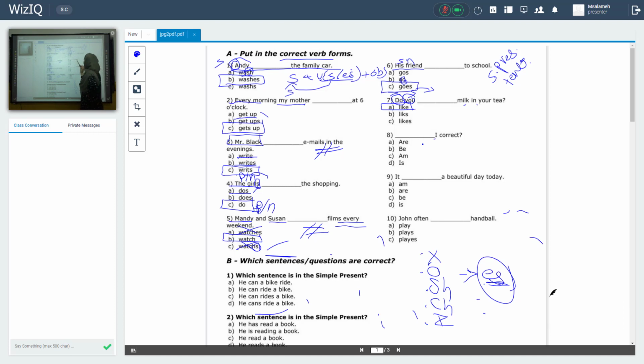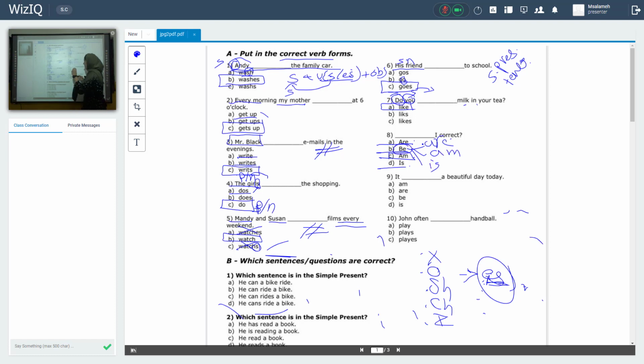I am correct. Okay? Are, be, am or is. Which one is correct? Here I will choose am, because be is a root for these verbs. And in the present tense the be verb we divide into what? Am, are and is.